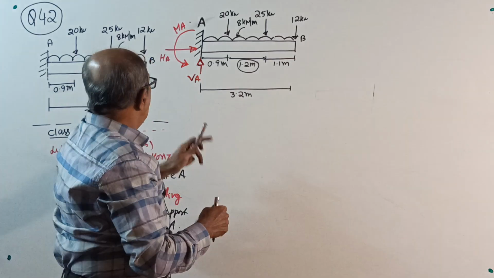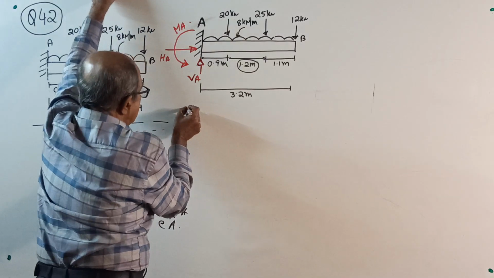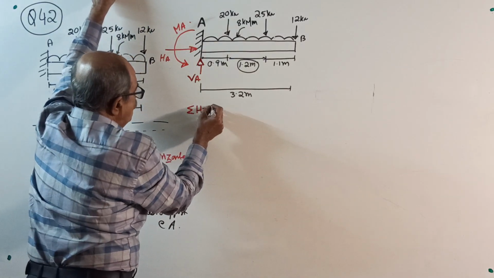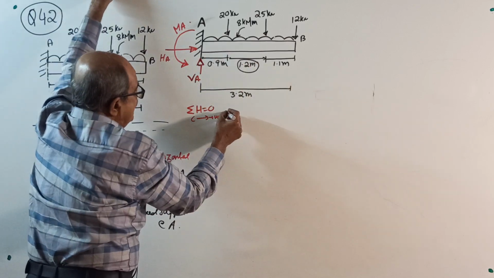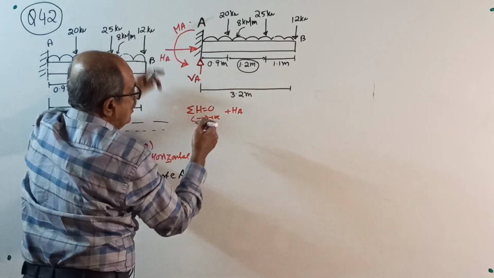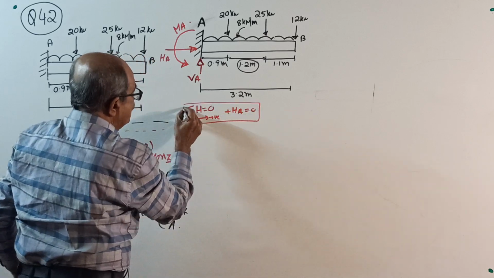Now, first of all, I will do one thing now. I will go for the unwanted one now. See. Sigma H equal to 0, right side positive, HA plus nothing else is there, equal to 0. Therefore, HA becomes 0.